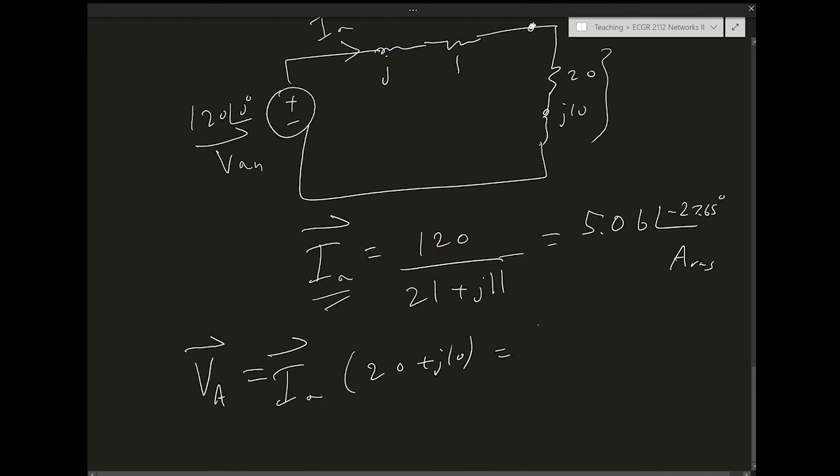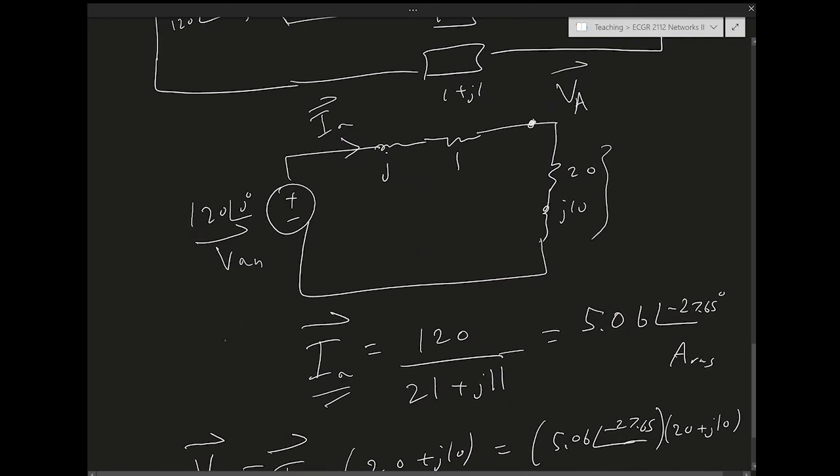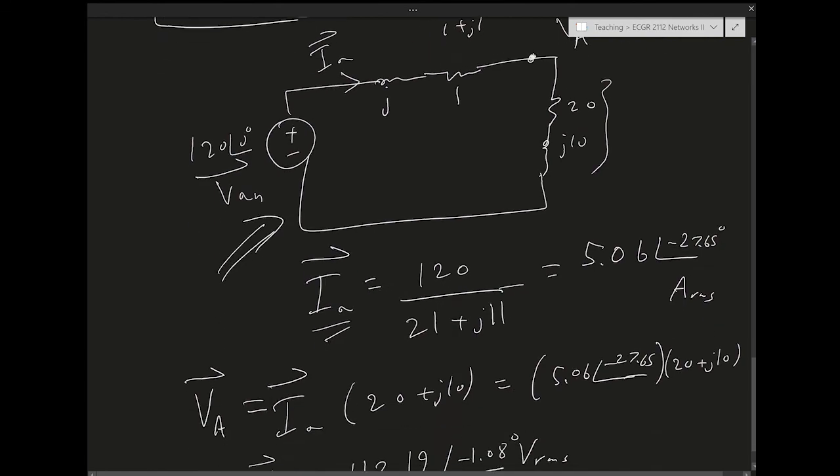So this is 5.06 at minus 27.65 times 20 plus J10. So VA, the voltage at the load, equals 113.19 at minus 1.08 degrees. And just by solving the single phase in the balanced situation, we solved all three phases.